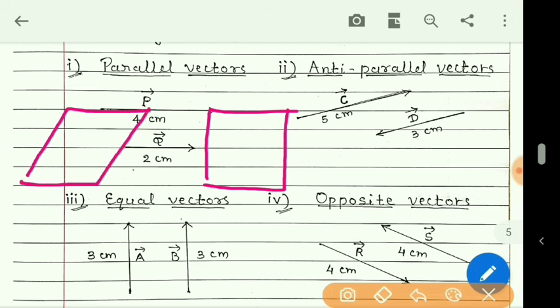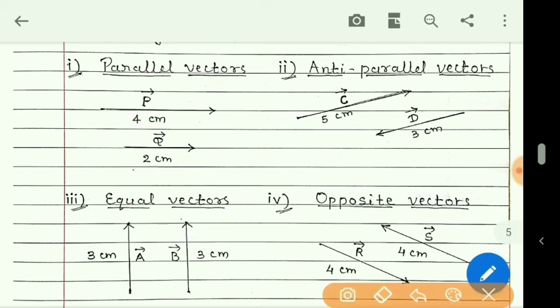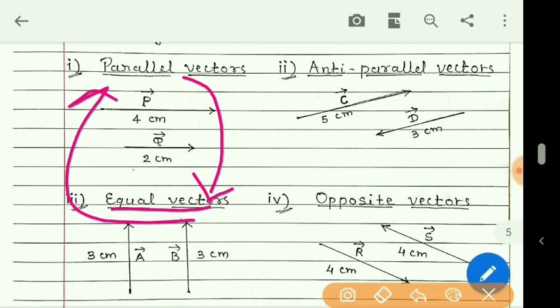We know that a square is a rhombus, but a rhombus may or may not be a square. Similarly, here equal vectors, they are always parallel, but parallel vectors may or may not be equal.